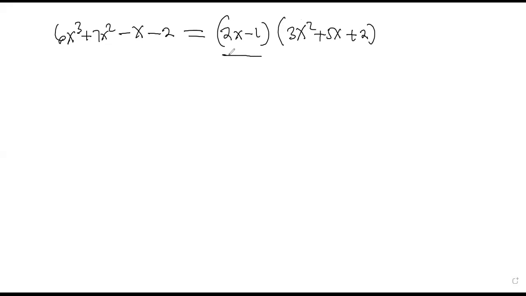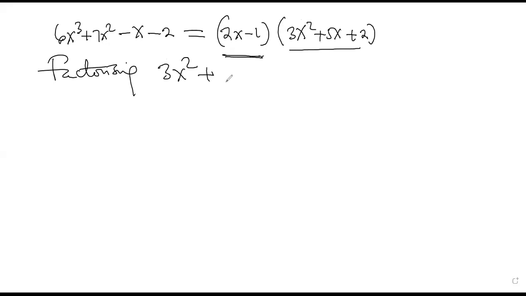So this is the first factor. To obtain other factors, we shall factorize the quotient. So factorizing 3x squared plus 5x plus 2, it means 3x squared plus 5x plus 5x, then plus 2.